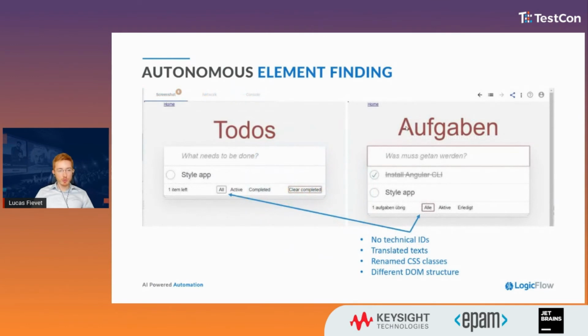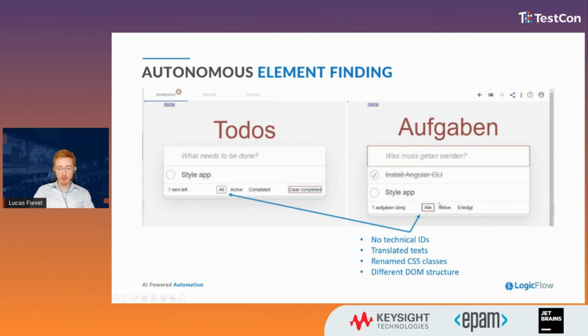presentation. So to summarize, what we just showed in the live demo was this to-do application, which had a certain DOM structure here and the buttons below. Technical IDs, if you're not in control of your application, for example, are very important. Text has been translated, the CSS classes have been renamed, and there was a different DOM structure.